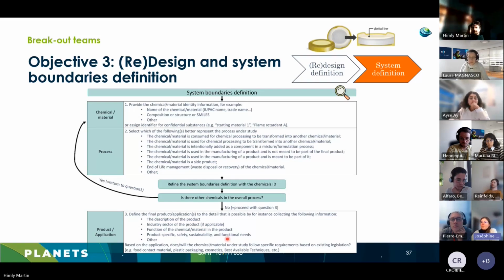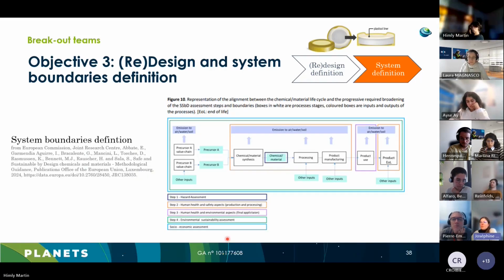If you go on the next slide, I think we have an example of the system boundary definition. Sorry, I have lost the word. So system boundary definition: what we are expecting for this is to go back to the technical value chain and enhance it with information about the steps and the SSbD dimensions we will assess for each stage.